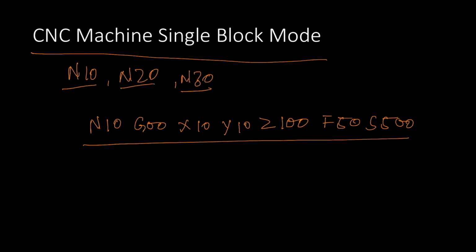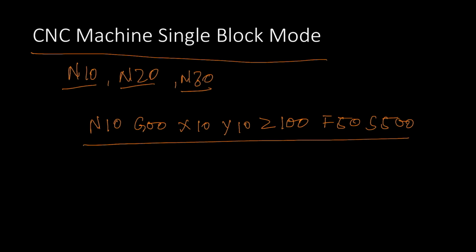So in single block mode, when you press the cycle start button on the CNC machine control panel, only one block of the CNC program will be executed, and the machine slide, or carriage, will stop. You might say the cutting tool feed will be on hold.